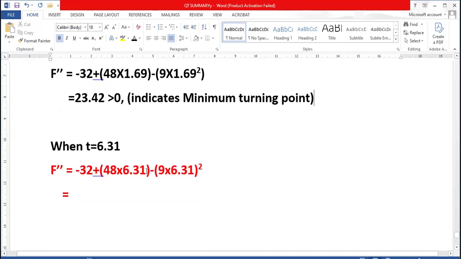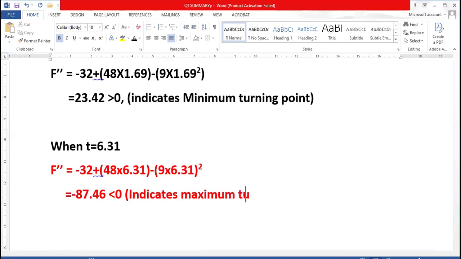We want a value that helps us to get the maximum turning point. So substitute and see whether you're getting a negative here. It is negative 87.46. So this is less than 0 and this indicates the maximum turning point.